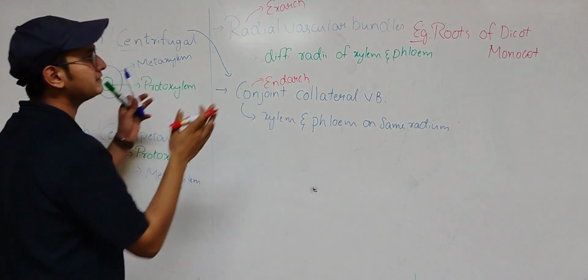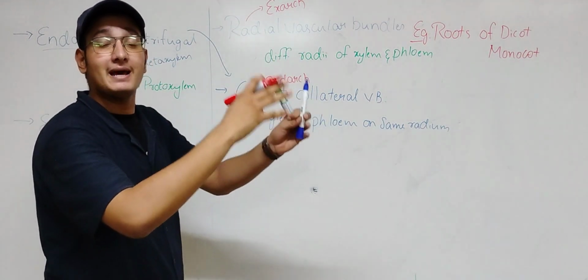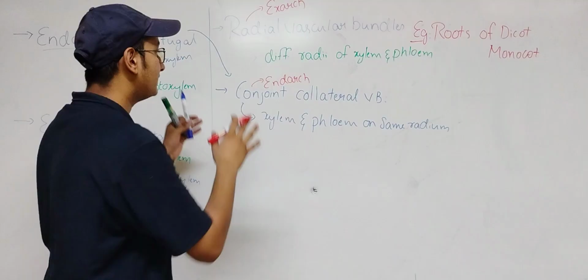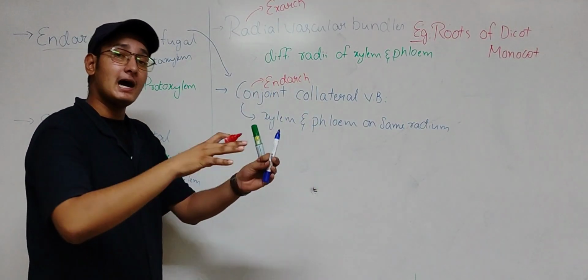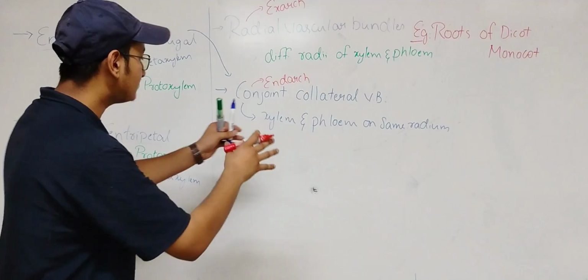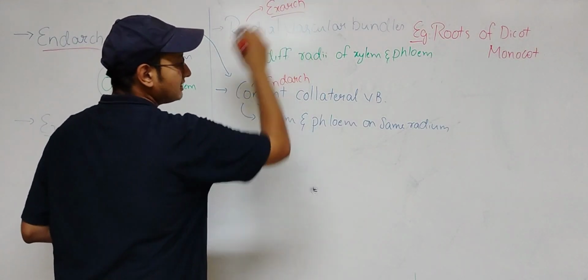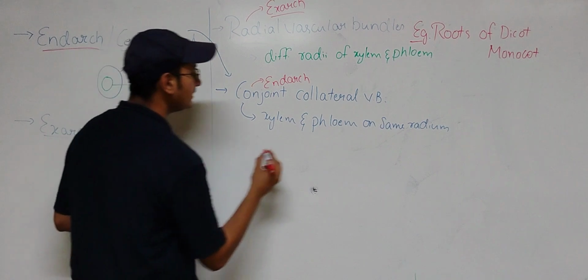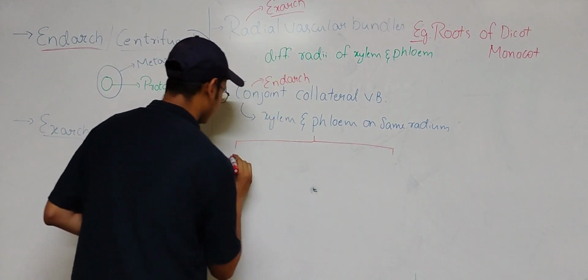So the main difference between them is, in radial vascular bundles, the xylem and phloem are arranged in different radius. But in the conjoint collateral vascular bundles, the xylem and phloem are present on the same radius. This we can see in Endarch conditions, and this we can see in Exarch conditions. And here again, it is of two types, open and closed.